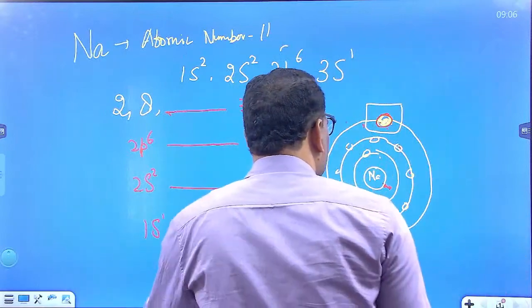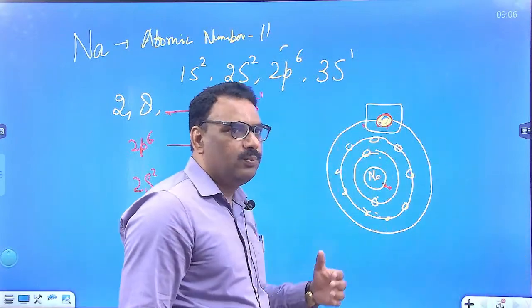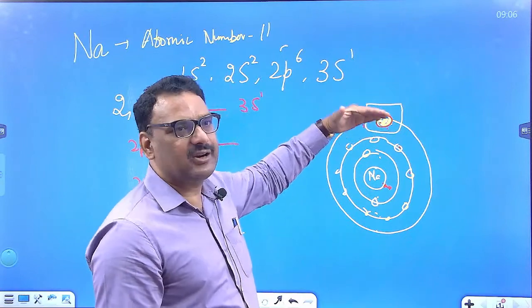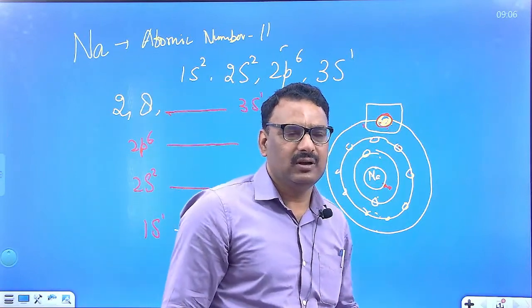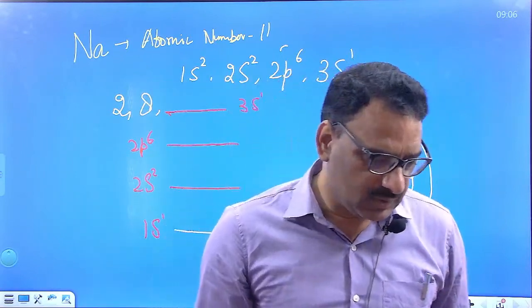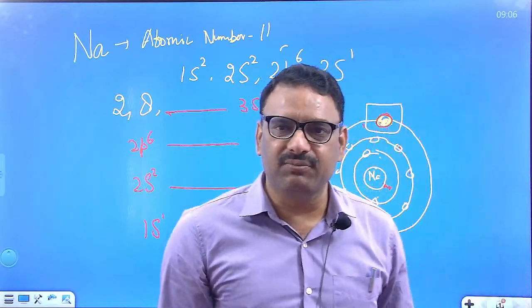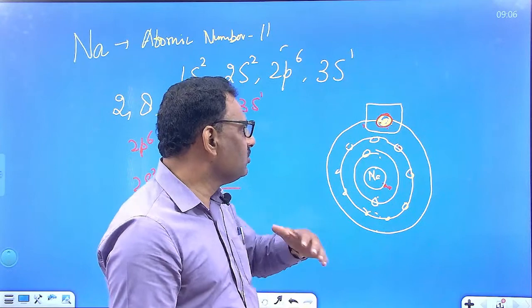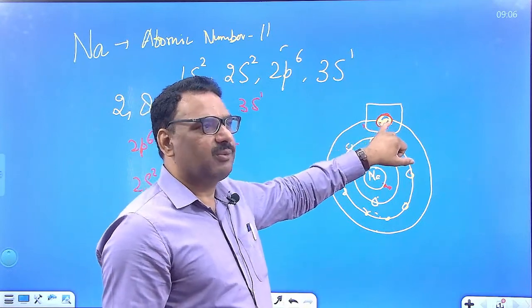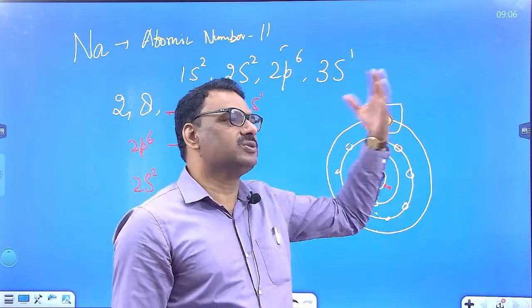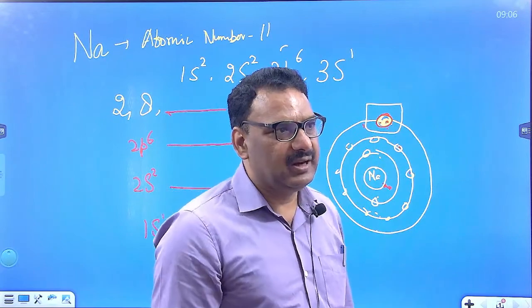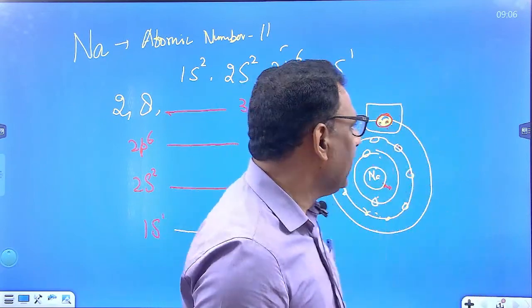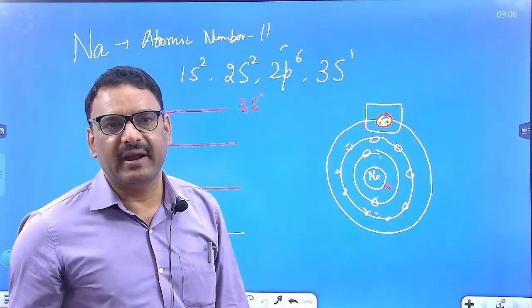So how can we extract this electron from the atom? By giving some external energy. If you supply energy from outside, the electron acquires this energy and goes outside the atom, and the atom becomes an ion, and this electron is available for conduction.